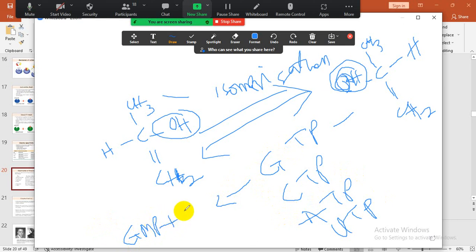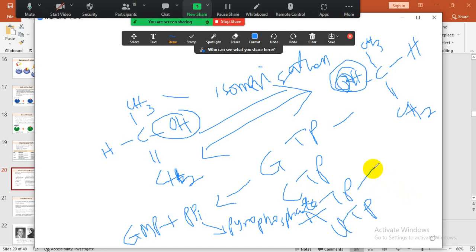It will be broken down to GMP and a pyrophosphate. This is called inorganic phosphate, and the inorganic phosphate is also called pyrophosphate.